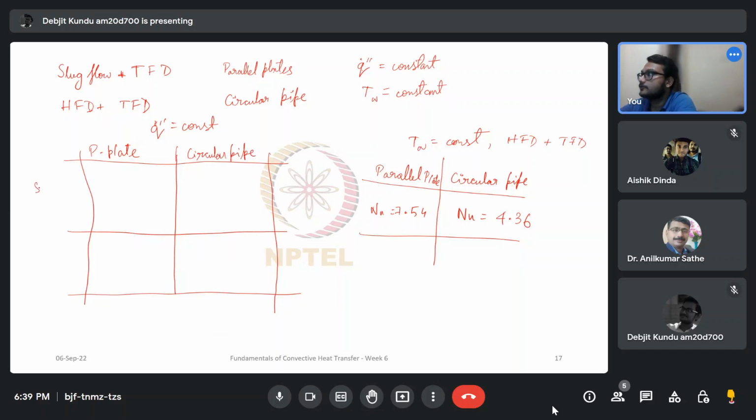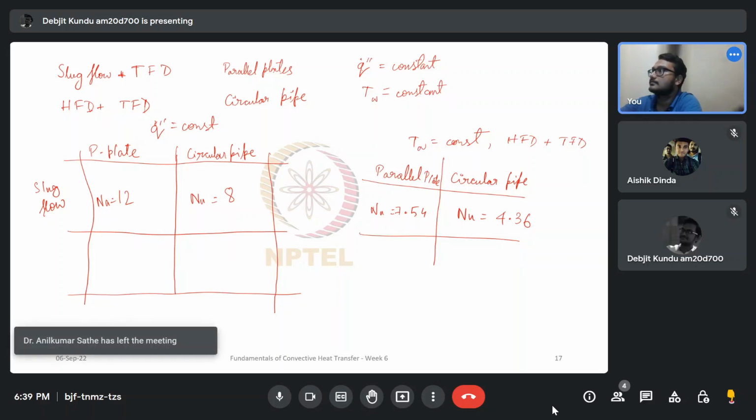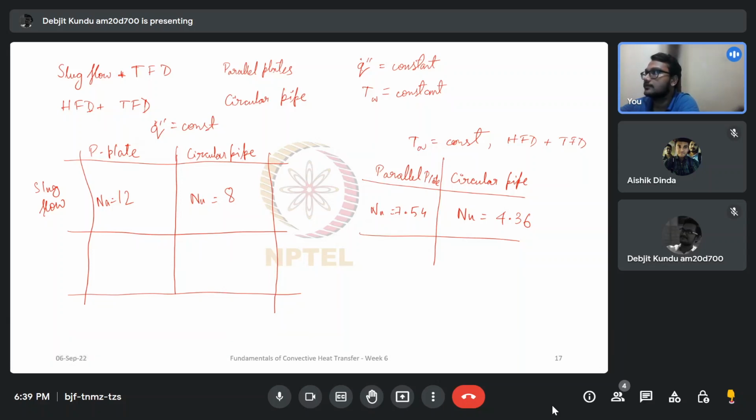For the slug flow case, this was 12 and this was 8, correct? That is with uniform heat flux, thermally fully developed flow.